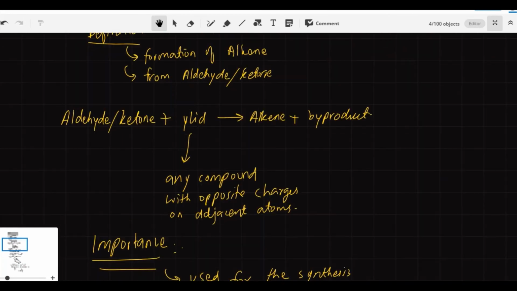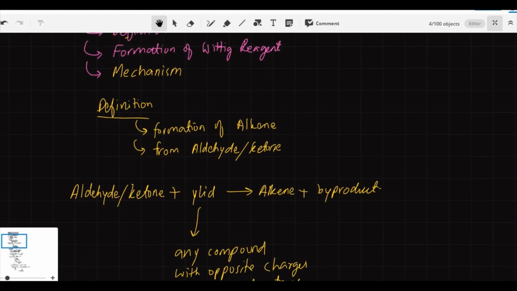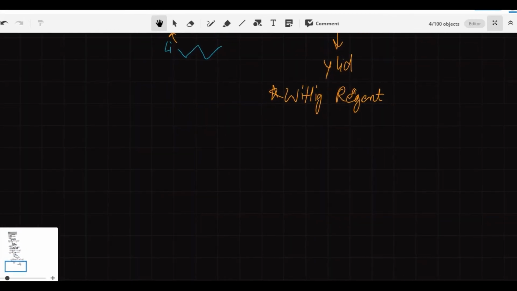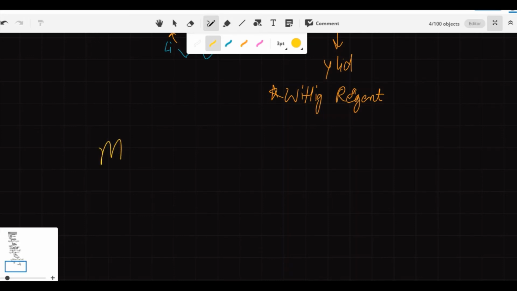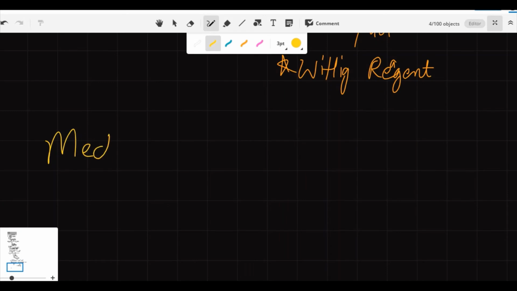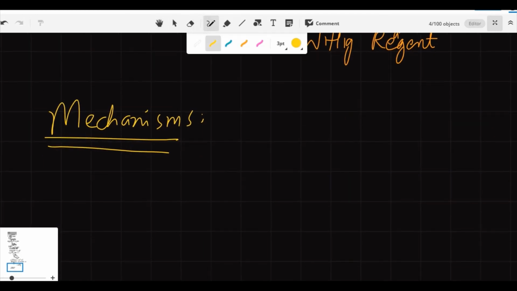Now the next step is the mechanism of the Wittig alkene synthesis. As I already discussed, in the Wittig alkene synthesis we have to use an aldehyde or ketone.